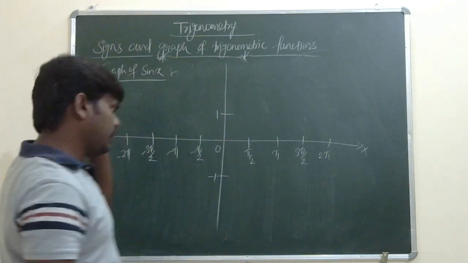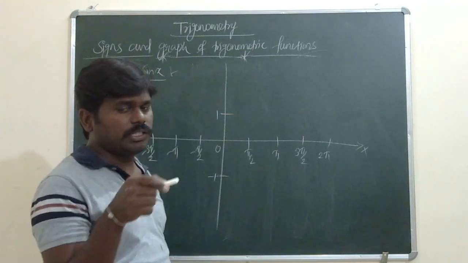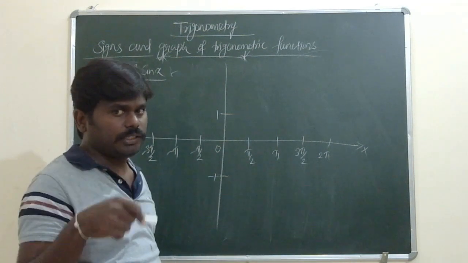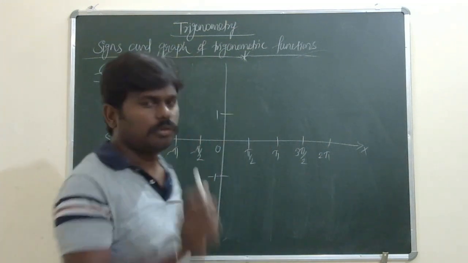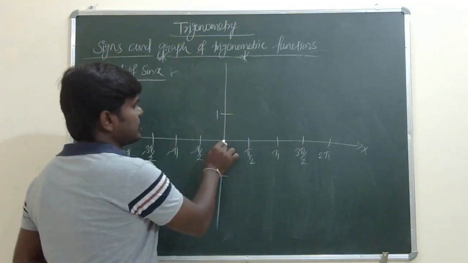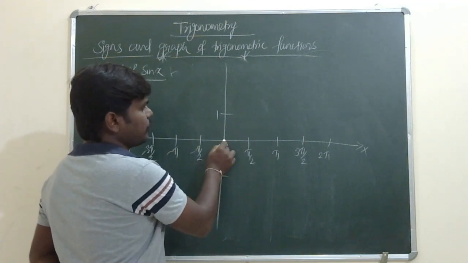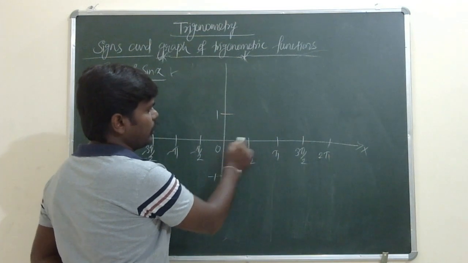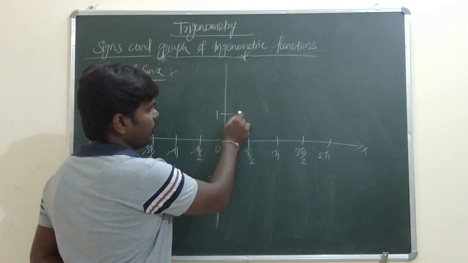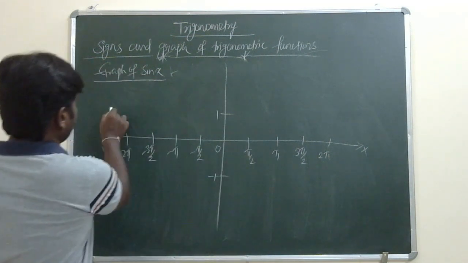Okay, so already I discussed that in the first interval, for the sine function, when theta is increasing, the sine values also increase from 0 to 1. So sin 0 is 0 and sin 90 is 1. When you keep on increasing the value of theta, the value of the sine function will increase and reach 1.